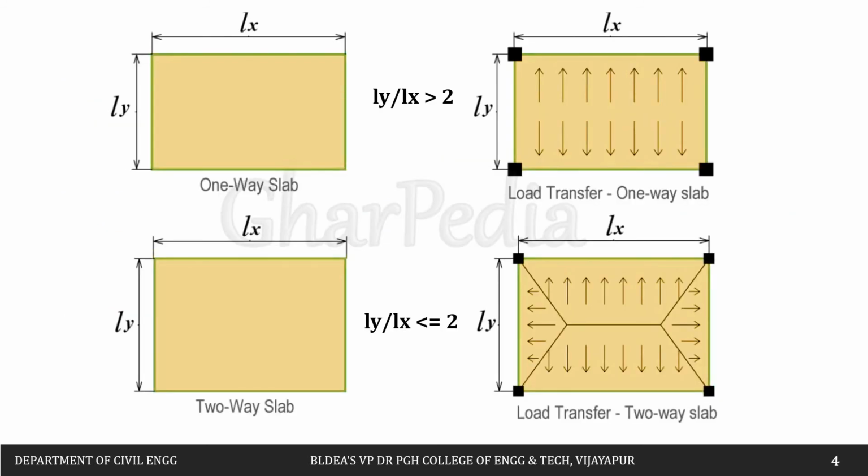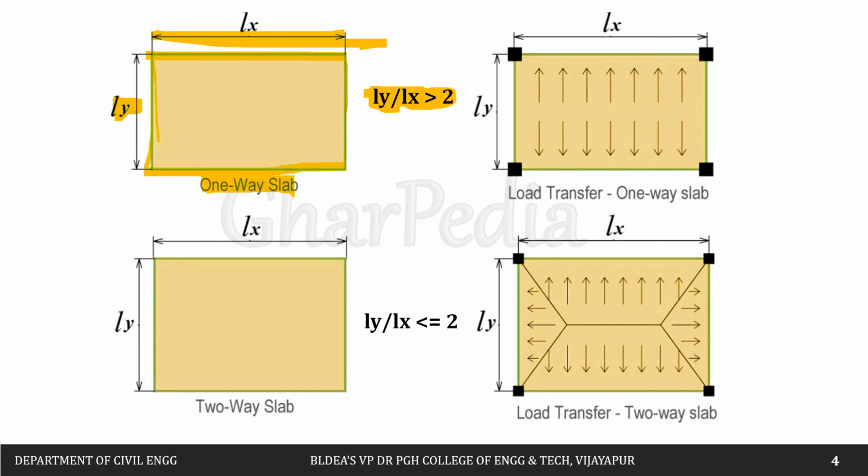Now let us see what we mean by a one-way slab. Here there is one slab with one dimension Lx and another dimension Ly. If the ratio Ly by Lx is greater than 2, then we call it a one-way slab.